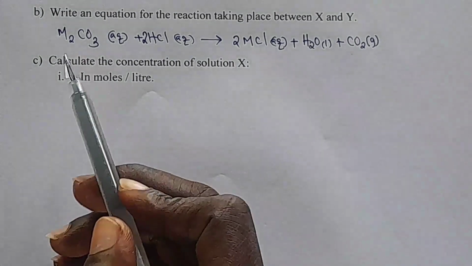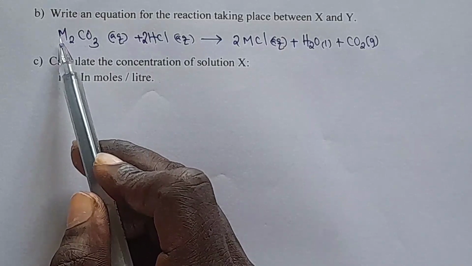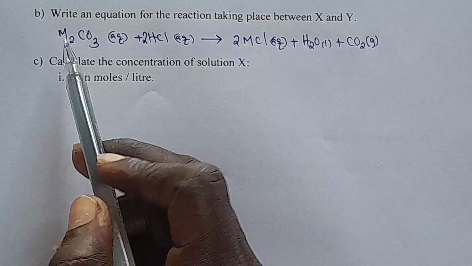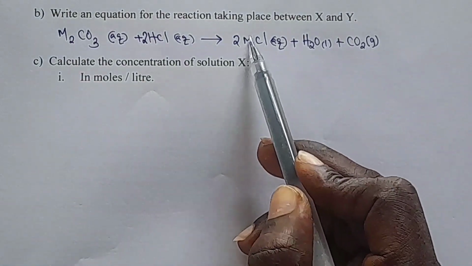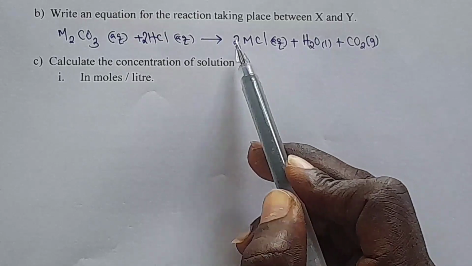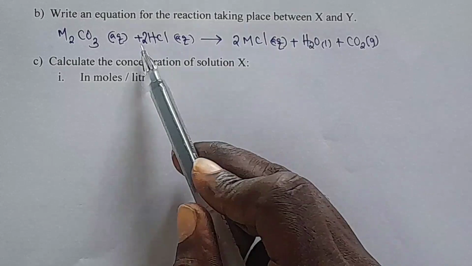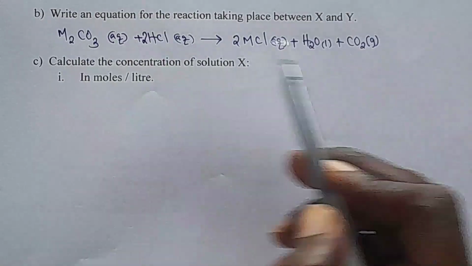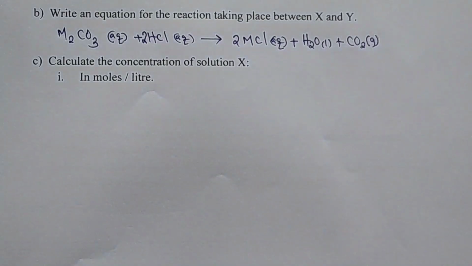Learners, you have to know that in this M2 carbonate, the valence of M is 1, because the valence of carbonate is 2. So when M reacts with chloride ions, we have MCl. We put this 2 to balance 2M, then 2Cl, 2Cl, then 2 hydrogen here. Then we have 1 carbon and 3 oxygen, 2 oxygen plus 1 oxygen. So we have balanced the equation like that.